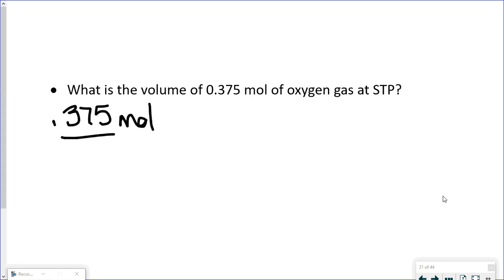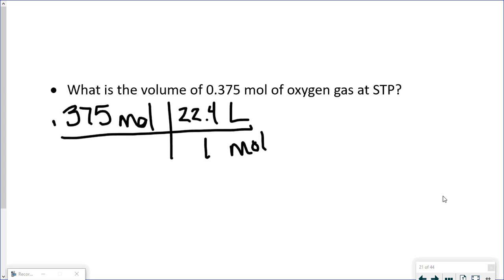Since we no longer need moles, that will go in the bottom on our next step, and we can change into liters. No matter what the substance is, if it's a gas at STP, it's always 1 mole is 22.4 liters. So that's going to cancel out our unit of moles. And since both numbers are on top, we're going to end up multiplying them.